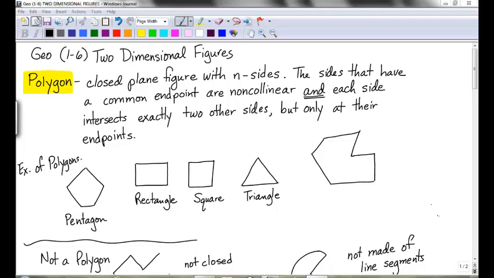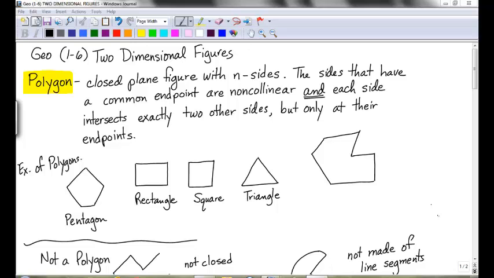And each side intersects exactly two other sides, but only at their endpoints. So a polygon is a closed plane figure with sides. The sides that have a common endpoint are non-collinear.